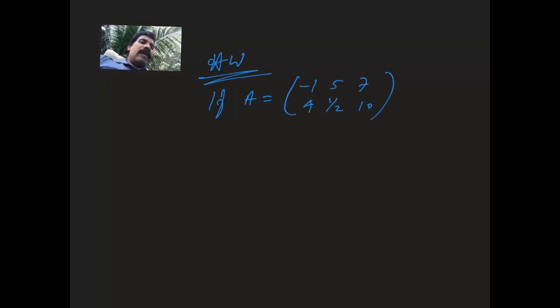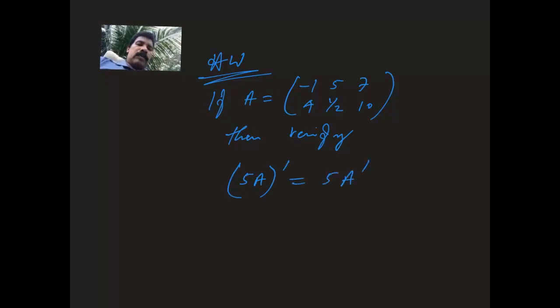You can have a small homework. If capital A is equal to the matrix negative 1, 5, 7, 4, 1 by 2, 10, then verify that (5A) dash, the transpose of 5A, is equal to 5 into A transpose. What you have to do is very simple.